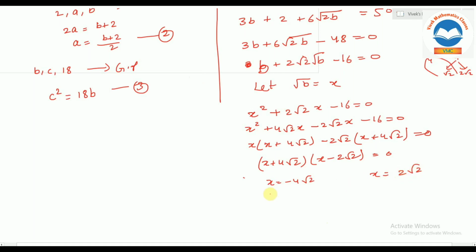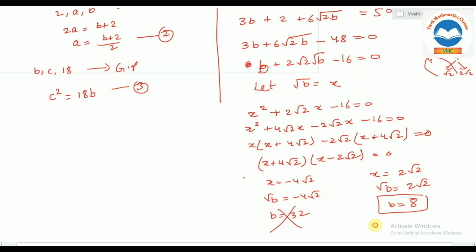If x is minus 4 root 2, root B will be minus 4 root 2, so B will be 4 square 16 into 2, which is 32. And from here root B will be 2 root 2, so B will be 8. B as 32 is not possible because they are saying the sum of these numbers is 25 only. So B we can't take 32. So B will be 8.